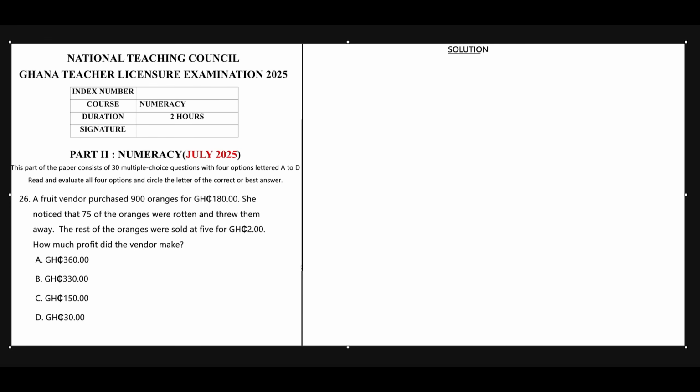Question 26. The fruit vendor purchased 900 oranges for 180 cedis. So the cost price for 900 oranges was 180 cedis.